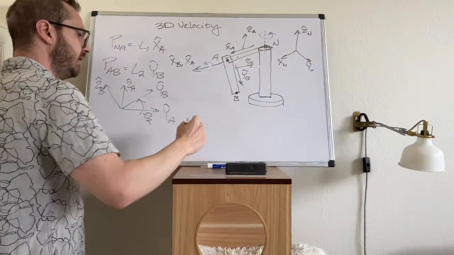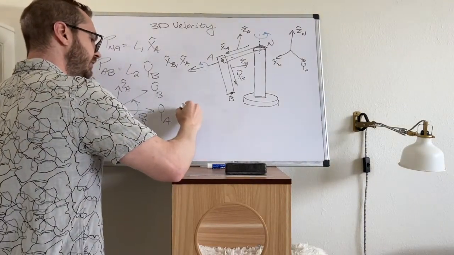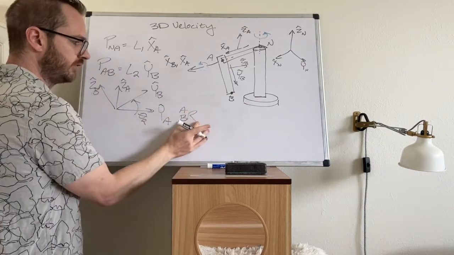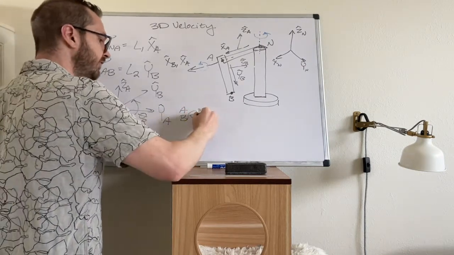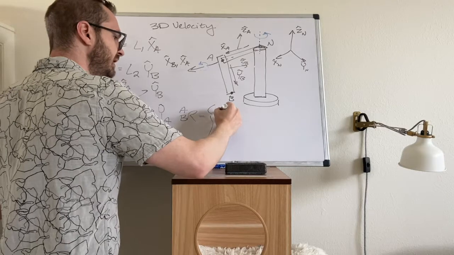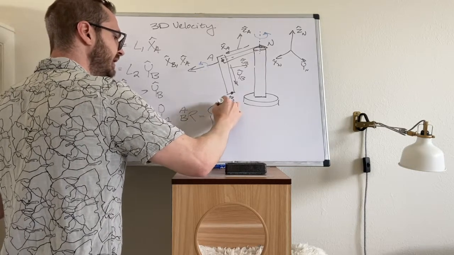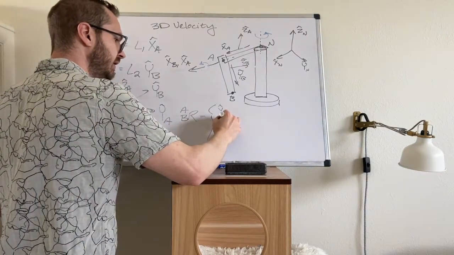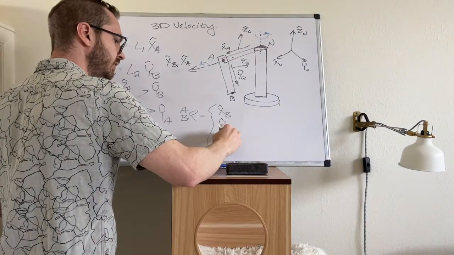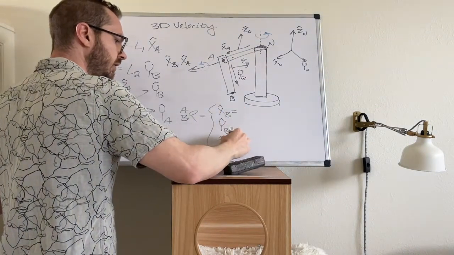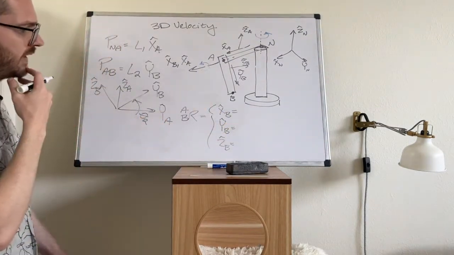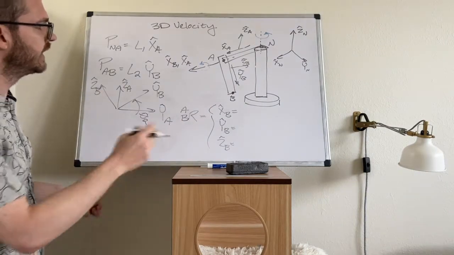Next, we need to define that rotation. Again, we're using relative angles. So this is the rotation A to B, and then we have XB equals, YB equals, ZB equals. Again, this was all in that other video, but we can do it now.